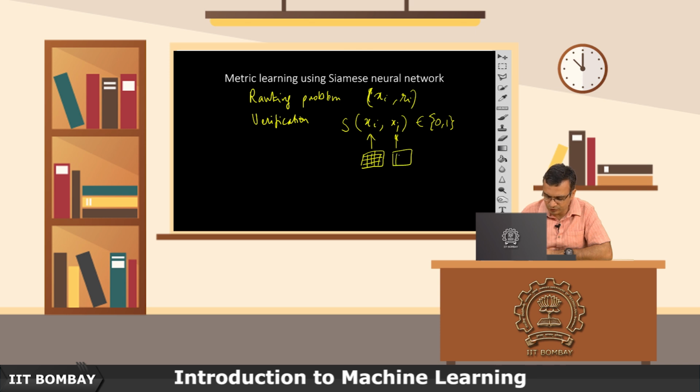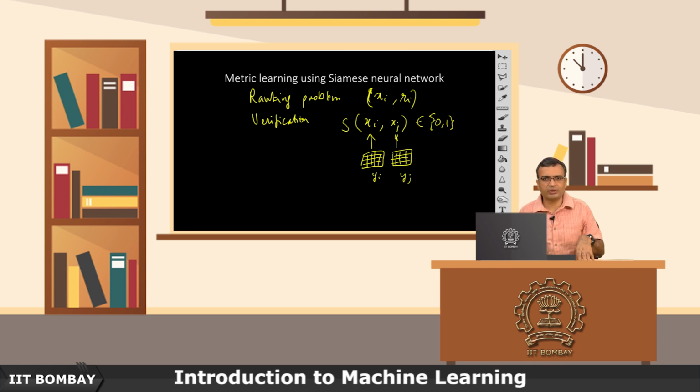What we want is to change this into a yi and yj, which are low dimensional vectors, so that we can simply take their Euclidean distance and see if the Euclidean distance between yi and yj is smaller than a threshold, then they are similar. If it is not smaller than a threshold, then it is not similar.